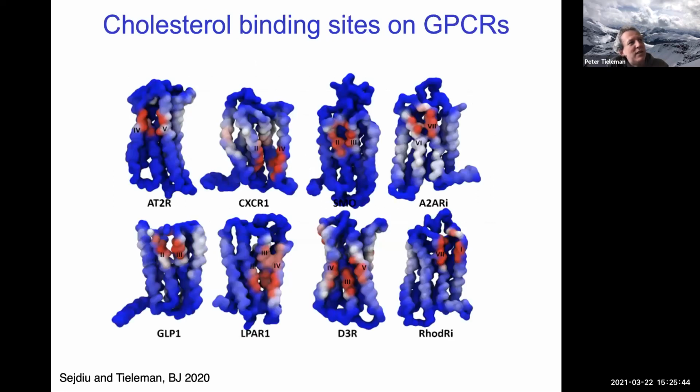This is an example. This is a family of 8 GPCRs that are related. And they all have cholesterol binding sites or binding environments that are in similar locations, even though the sequence identity is not very high, and even though there are no real cholesterol binding motifs. There's literature about CRAC motifs and CARC motifs, but those are really lame. And there are lots of false positives and false negatives.